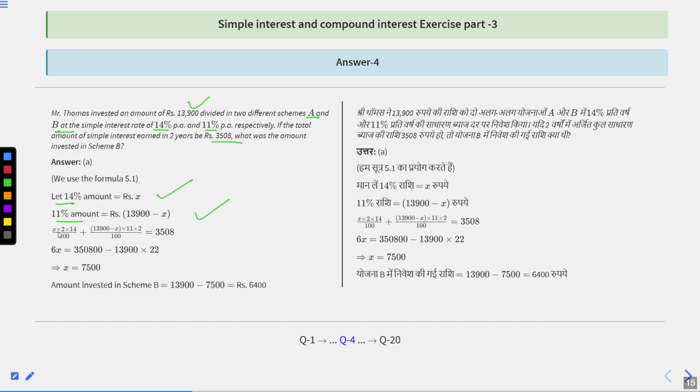So we use the formula of simple interest: X into 2 into 14 upon 100 plus (13,900 minus X) into 11 into 2 upon 100 equals 3,508. When we calculate it, we get X as 7,500. So the amount invested in scheme B will be 13,900 minus 7,500, which becomes 6,400. So A is the correct answer.